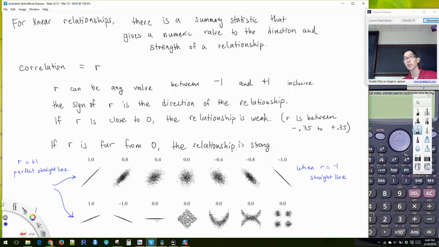Y doesn't depend on x, it's the same for everyone. And here we have other nonlinear patterns, with overall correlation of 0.